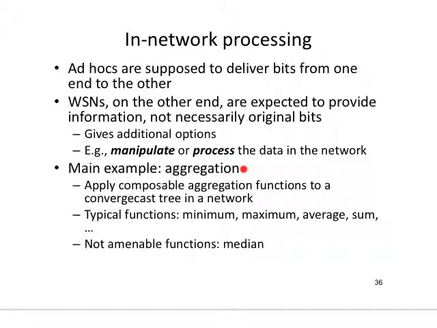Some examples: we can apply aggregation techniques. You want to send a temperature in one location, and I want to send a temperature in another location. When a node gets the two temperatures, it just sends one message with the two temperatures. What is the saving here? Well, the saving is the protocol overhead.